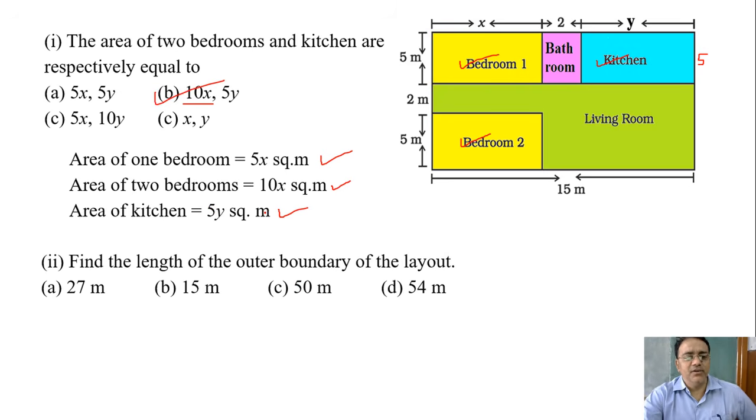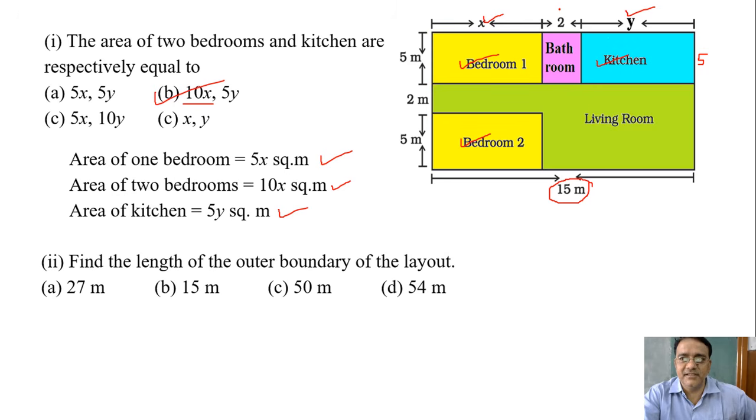Now the next question, find the length of the outer boundary of the layout. That means we have to find the perimeter of this one. So यहाँ पे confusion हो सकता है कि यहाँ पे x और y is unknown. These values are unknown, but the length is given.